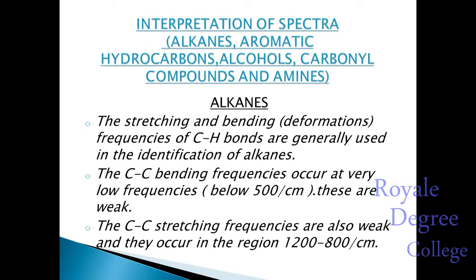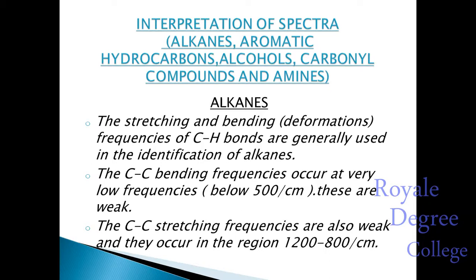Next, we will see about interpretation of spectra: alkanes, aromatic hydrocarbons, alcohols, carbonyl compounds, and amines. We'll start with alkanes. The stretching and bending, that is deformation, frequencies of C single bond H bonds are generally used in the identification of alkanes.